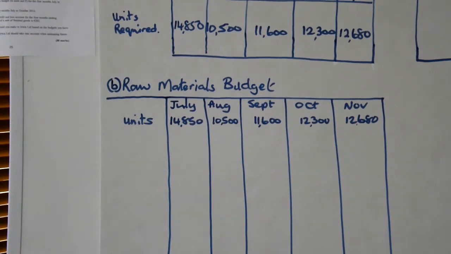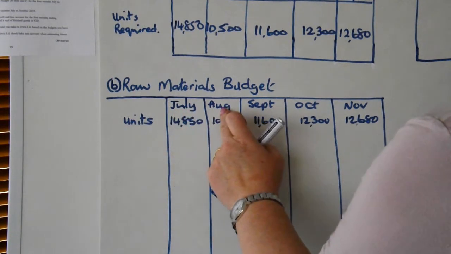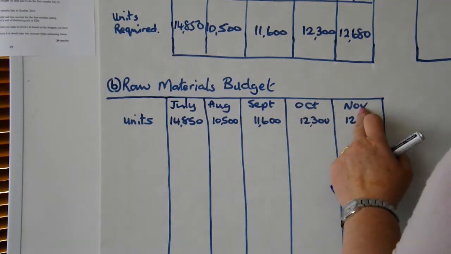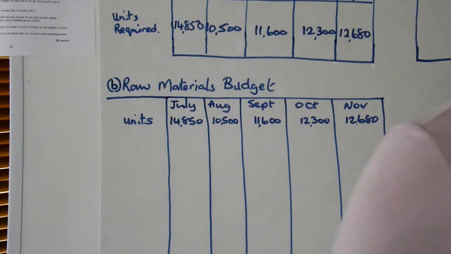So part B of the question asks us to do a raw materials purchases budget, and you take the units of product that you need to produce from part A and carry it forward here into part B. So again, use your pre-ruled copy and set up your grid for the 4 months, July, August, September, October, and I'm using November as well because I'll need that figure later on when I come to the cost.